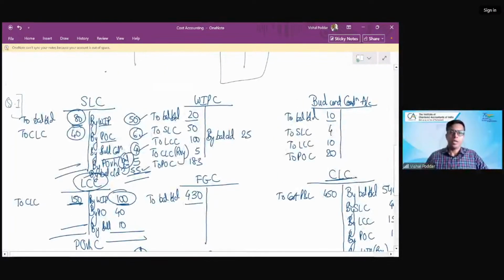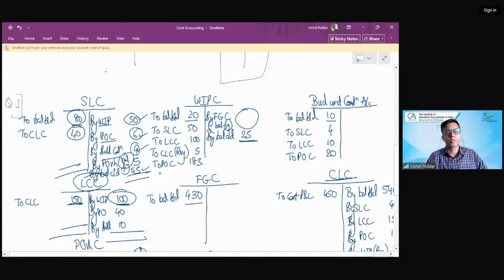Now, in your WIP, since closing is given, we identify something else, which is how much production is done during the period. Generally, this is given in the question, so you find out this. However, in this, since this is given, now you'll identify this. So we will find out how much production has been done, and whatever production has been done will go to my finished goods account.